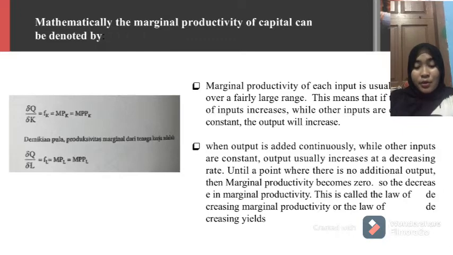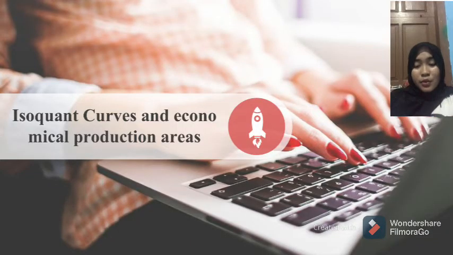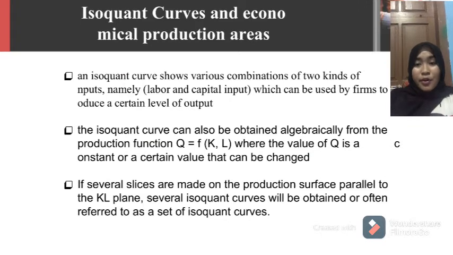Okay, next is the isoquant curve and economical production areas. An isoquant curve shows various combinations of two kinds of input, namely labor and capital, which can be used by a firm to produce a certain level of output.